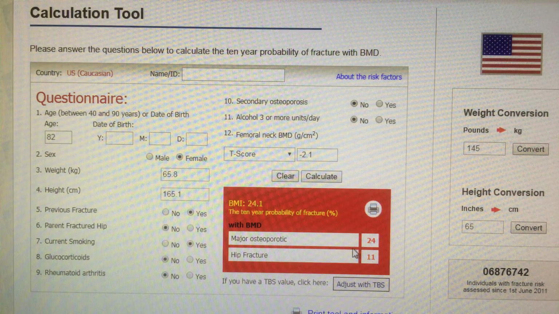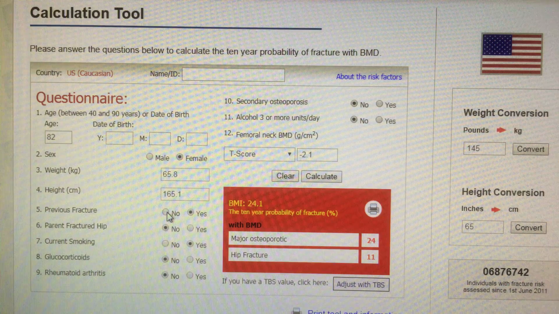Another thing to be cautious of when you're looking at FRAX is to make sure that the data is entered correctly. Notice when I changed from US Black to US Caucasian, these numbers dramatically changed because ethnicity affects risk for fracture. I'm going to also uncheck previous fracture and uncheck current smoker and recalculate, and you'll notice that the FRAX numbers go down.